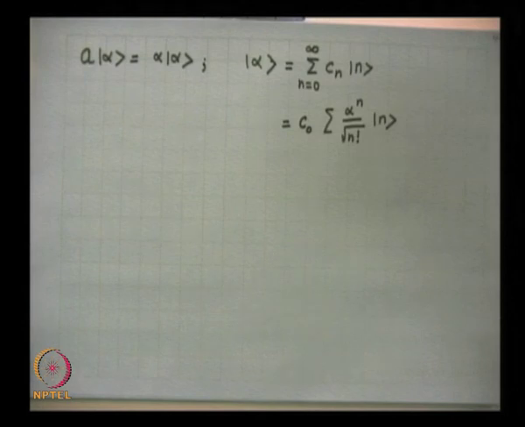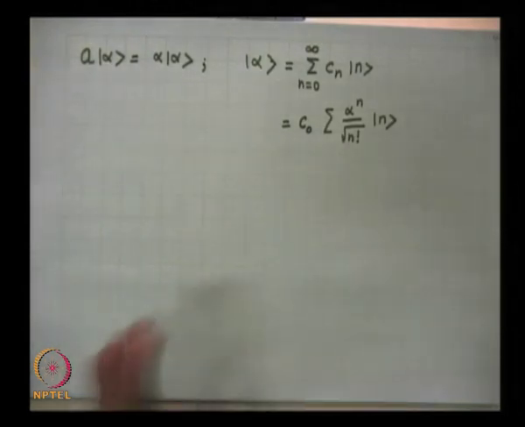Now, this is valid for all alpha. Alpha can be real, alpha can be imaginary, and alpha can be complex. All eigenvalues, you can see that alpha can take complex values, and that is because the operator A is not a real operator.